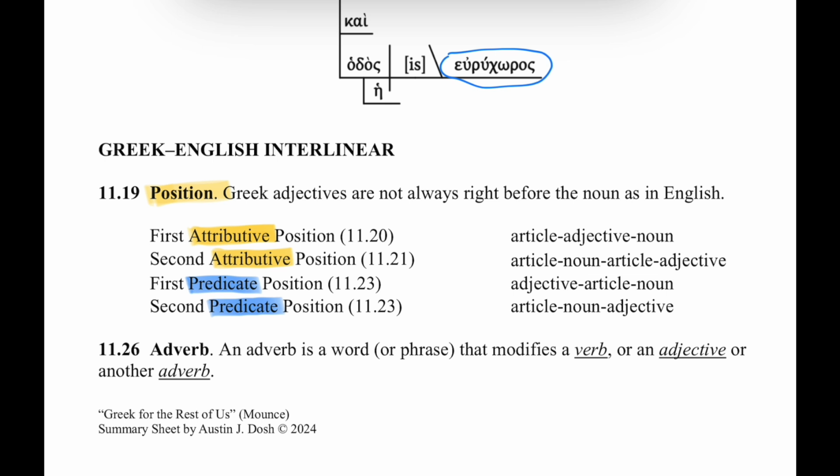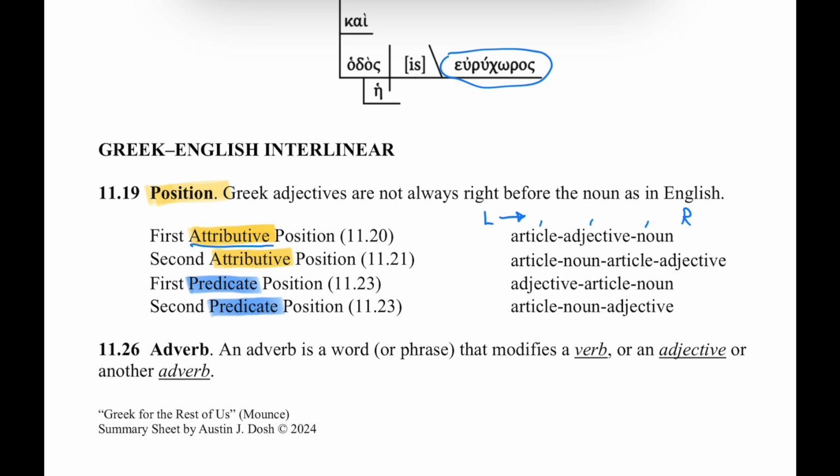The first attributive position is when, thinking here word order, so reading left to right as you're reading in the sentence, the first thing you encounter is the article, adjective, noun. Okay, if I see article, adjective, noun, I know I'm dealing with the first attributive position.